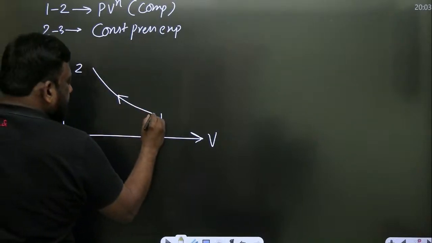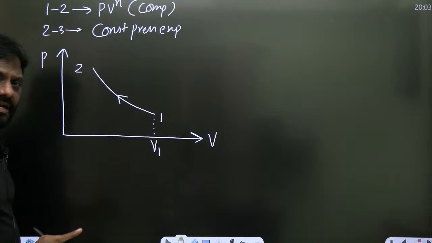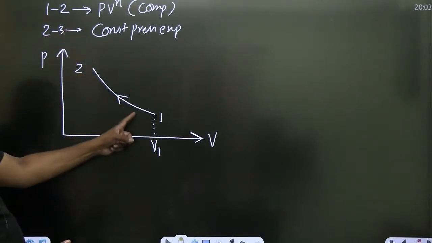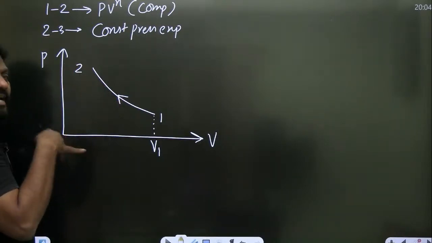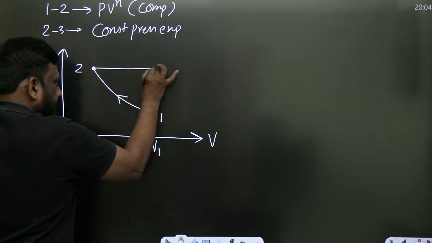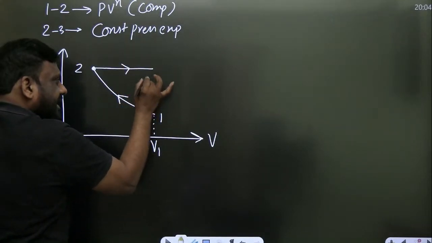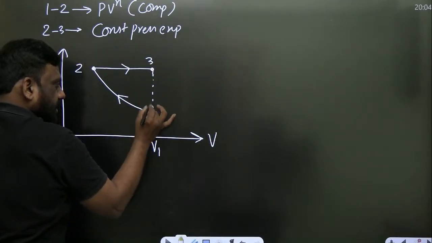And let this volume be V1. And finally he said 1 to 2 is a compression, ठीक है? And 2 to 3 is a constant pressure expansion, means the volume is increasing from like this. Clearly he said the final volume is equal to this volume. Clearly बोला है sir.